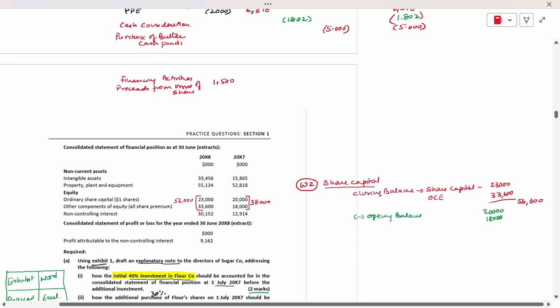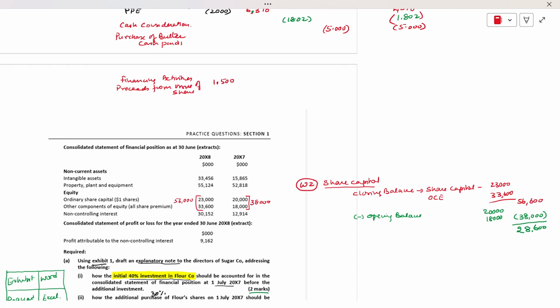If you remove this, how much will be there? 38,000. The difference will be 18,600.